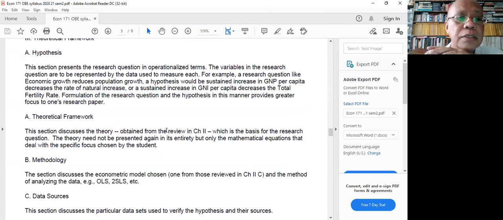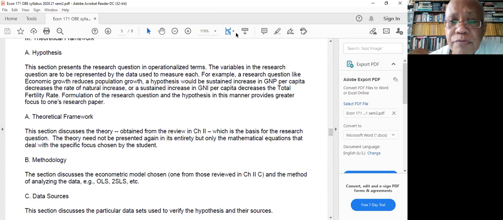Now, it begins with a hypothesis. Then you have your theoretical framework. The hypothesis is the research question in more operationalized terms. In other words, the variables in the research question are to be presented by the data that you used in your regression equation.